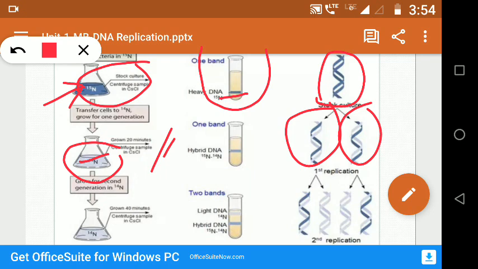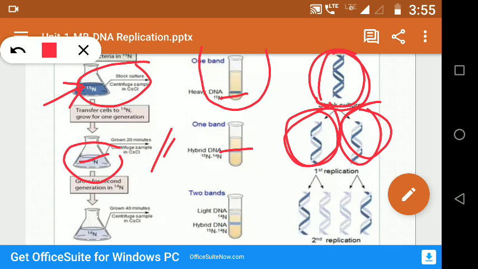So the density of this hybrid DNA is a little bit lesser than the heavy DNA. That is why it forms a hybrid band that is just above the heavy band. Then once again they grew the same bacterial cell for 20 more minutes, so that means they entered one more cycle of replication.